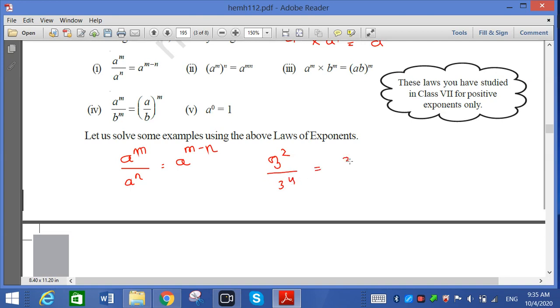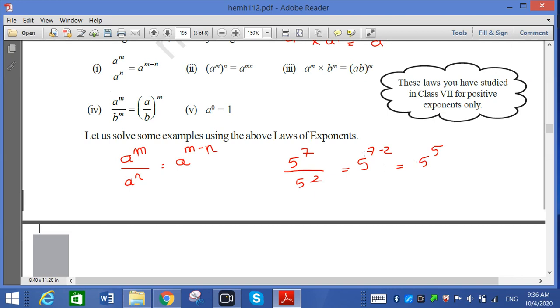So I have to write 2 minus 4, that is 3 to the power minus 2, in exponent form. One more sum: 5 to the power 7 upon 5 to the power 2. So 7 minus 2, that is 5 to the power 5.